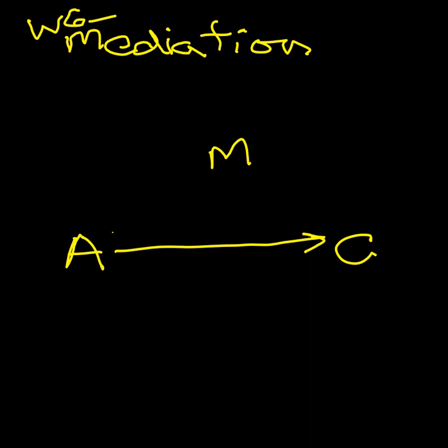But what happens if we have a causal pathway that goes between our antecedent and some other variable, in this case what we're calling a mediator, and the consequence?